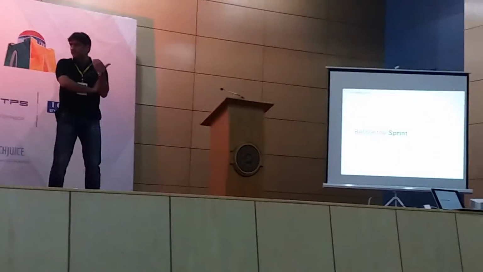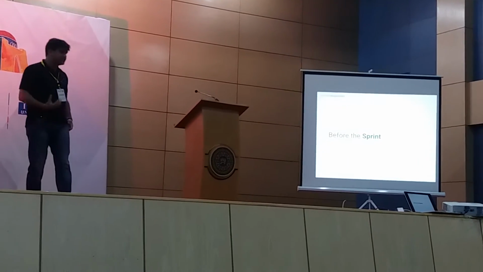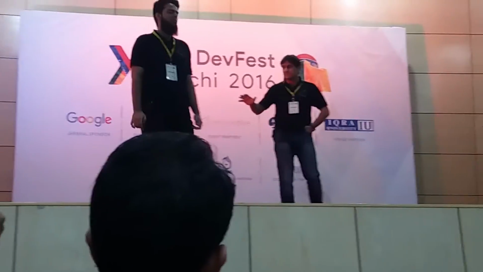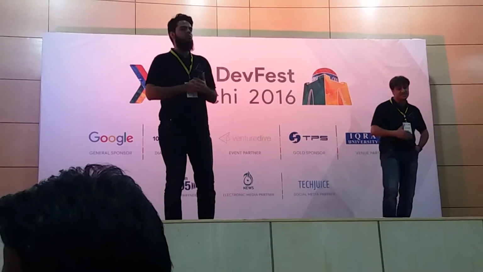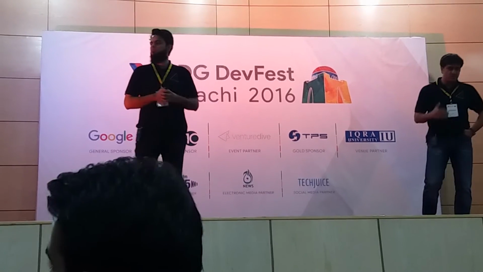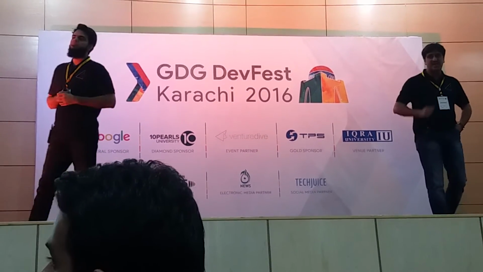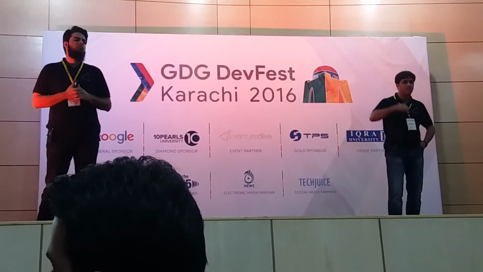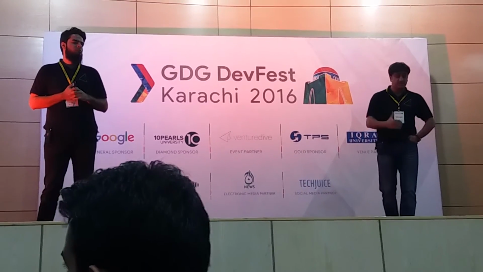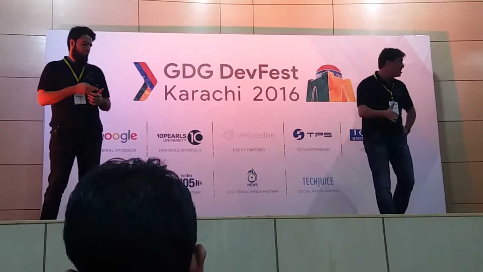Before we move forward, there is another important thing as far as the sprint master is concerned. There is a particular workflow that the sprint master follows: what he's going to do before the sprint, during the sprint, and after the sprint. Before the sprint, the first major task is to identify the challenge, the problem statement he is trying to solve through his team.